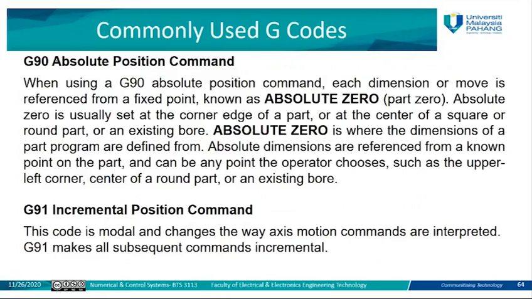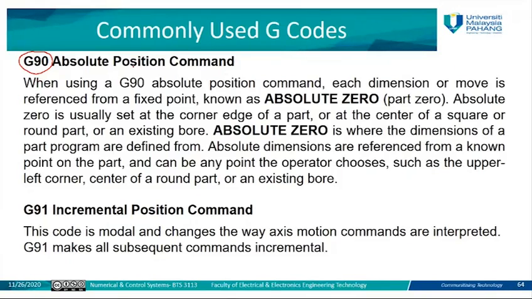The commands that we already talked about before are also about absolute and incremental coordinates. If I give the command G90, that means I'm asking the machine to follow the absolute coordinates. All the coordinates after this command, before I decide to change to incremental, will be absolute.